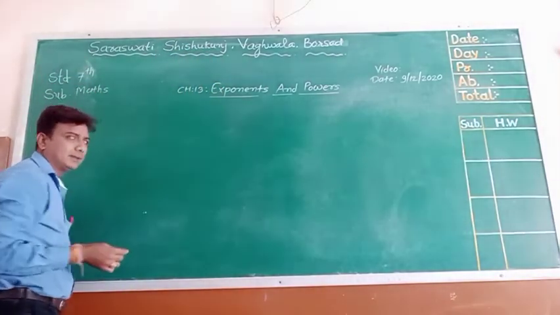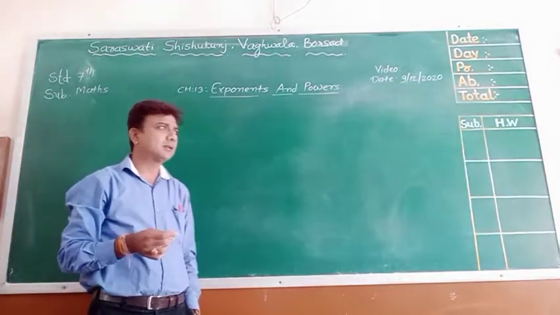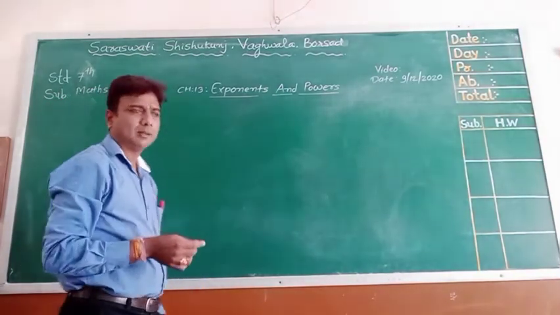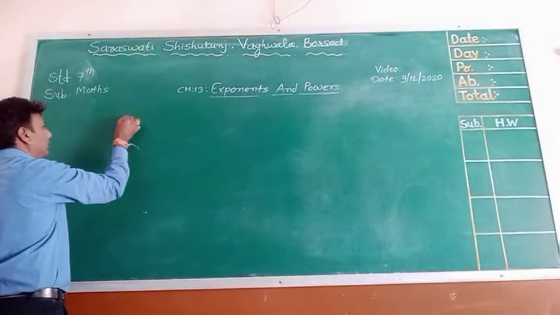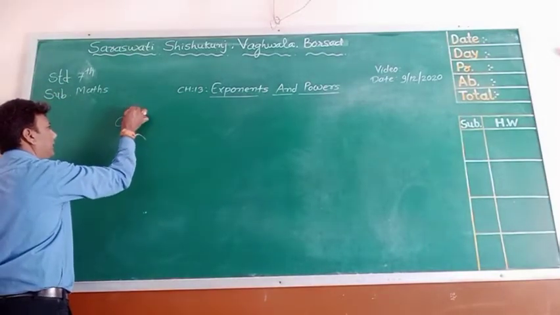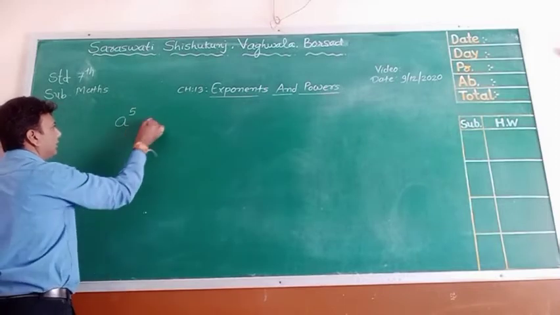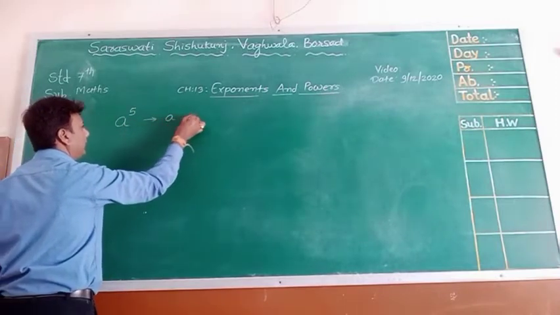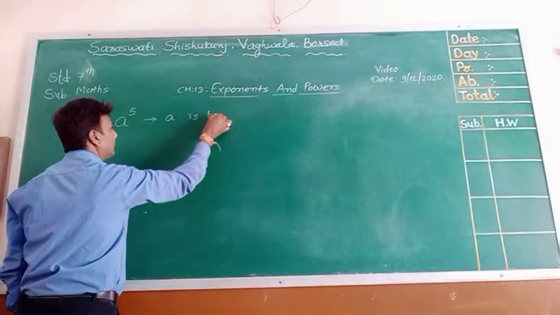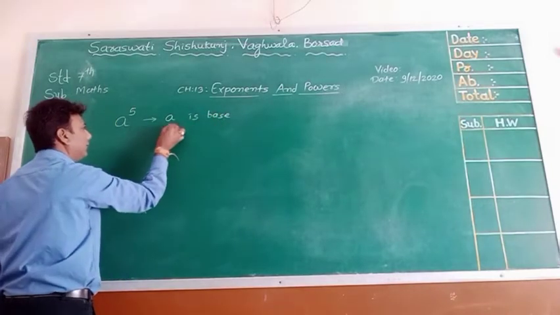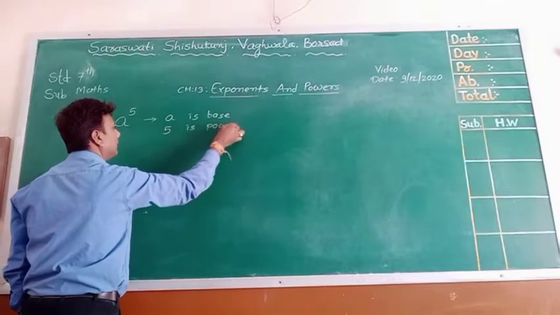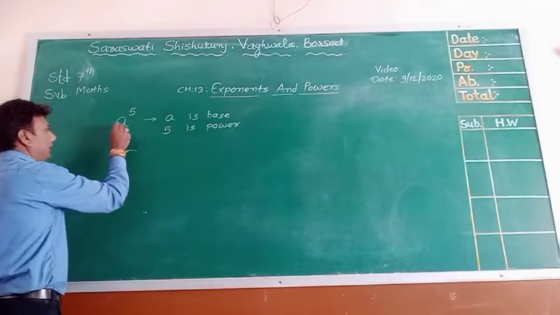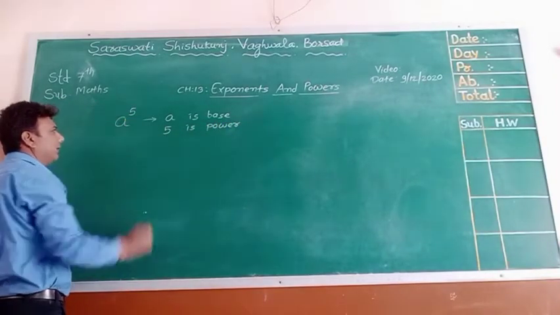In the previous session I already talked about some basic concepts of this chapter, but once again I will repeat them. So here, a raised to 5. Here a is the base and 5 is the power.